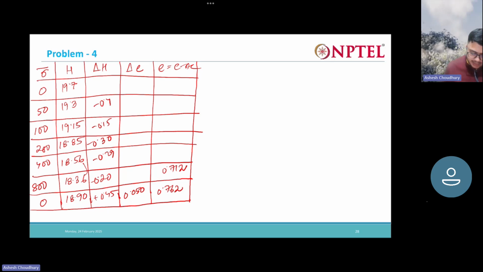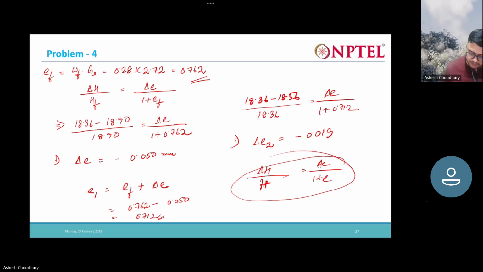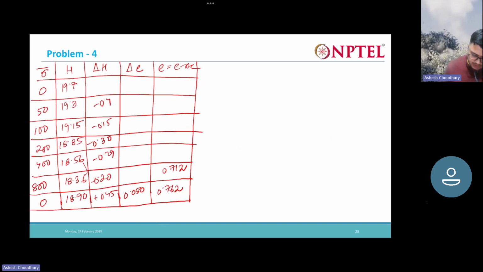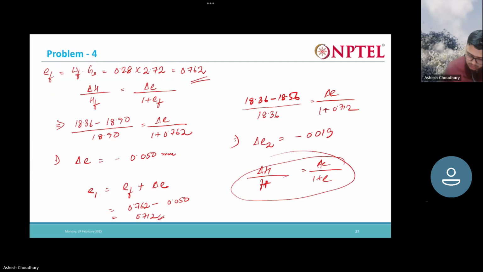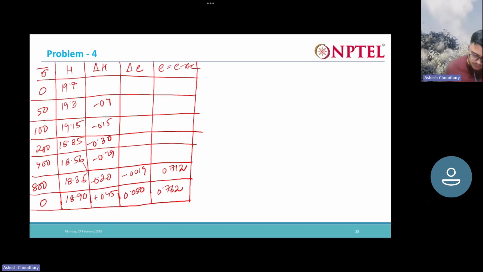Now delta H by H is equal to delta e by 1 plus e; this relation I am going to use. For that, my delta e for this comes out as minus 0.019. From here to here, we'll get 0.731. Similarly, you find minus 0.027, which gives 0.758.